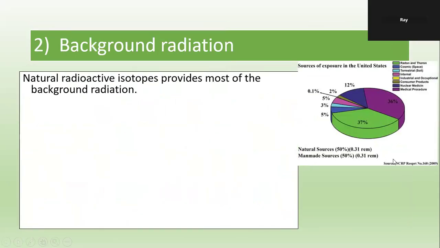Background radiation. Natural isotopes provide most of the background radiation. This one is for the United States. Radon is 37%, radon and thoron gas in houses.